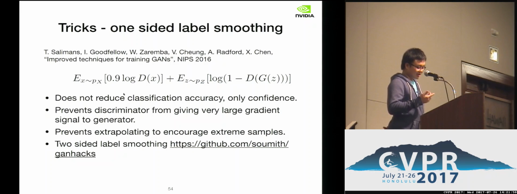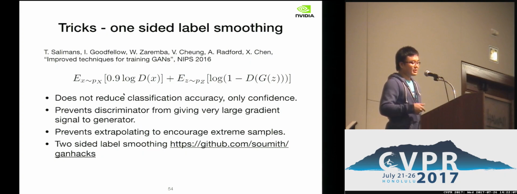So it replaces the 1 in the original GAN objective function with 0.9. It does not reduce the classification accuracy, only the confidence. It also prevents the discriminator from giving a very large gradient signal to the generator. But sometimes it prevents extrapolating, so it kind of prevents extrapolating to encourage extreme samples.